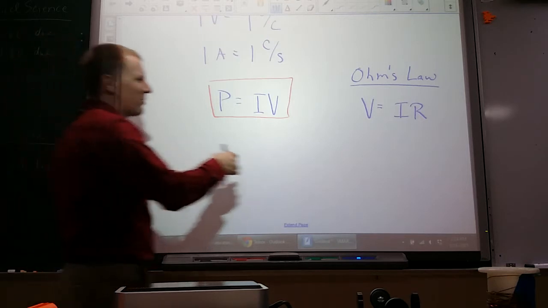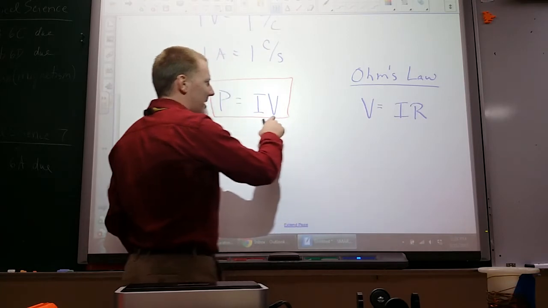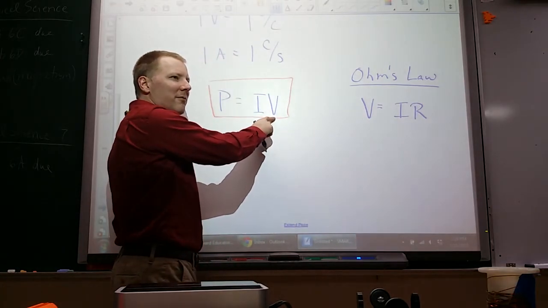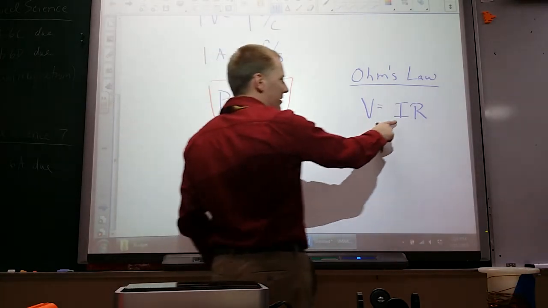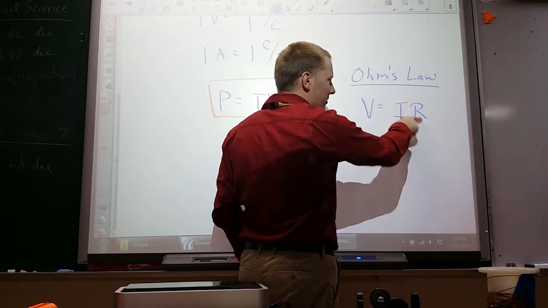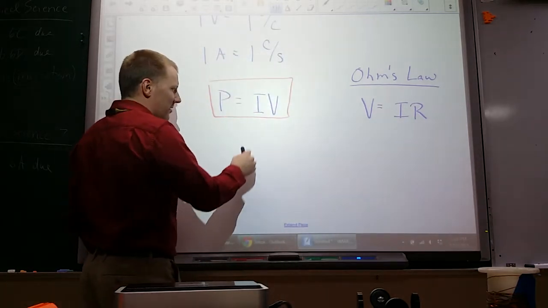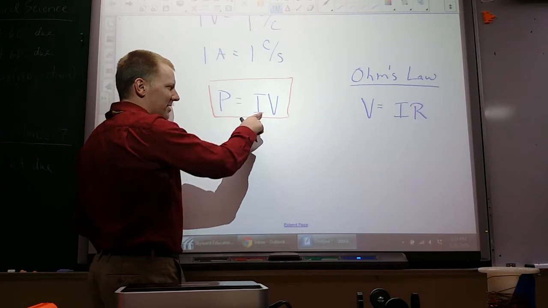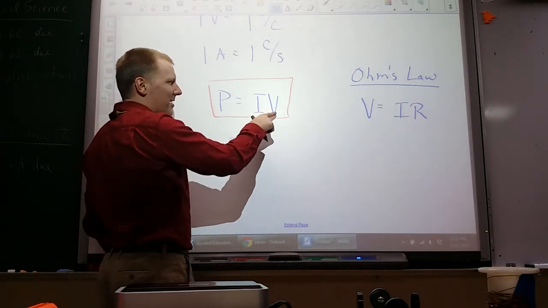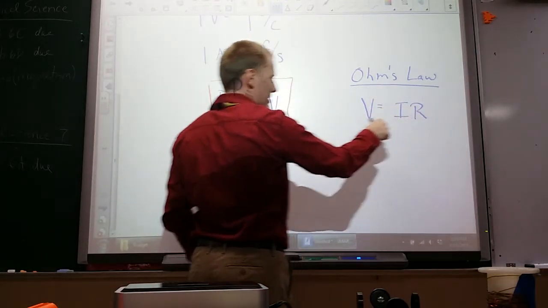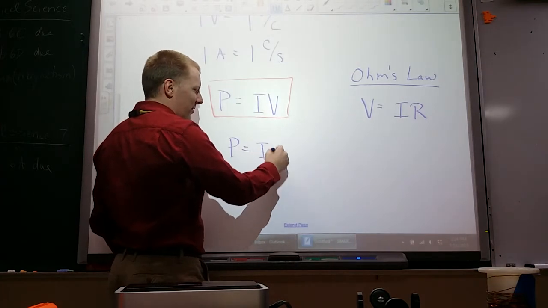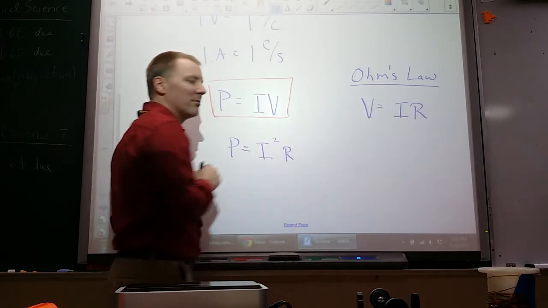Well, I just want to take this and substitute it in, because that gives me a different way to measure voltage, or at least define voltage. I can also take the current going through something times its resistance. So that means I could rewrite this by substituting that in. I'd have I times I times R, which simplifies to I squared times R.